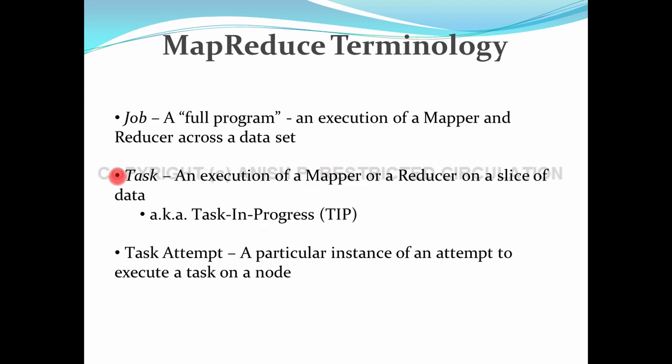Now what is a task? An execution of a mapper or reducer on a slice of data is called a task, or task in progress. What is a task attempt? Guys, a particular instance of an attempt to execute a task on a node.